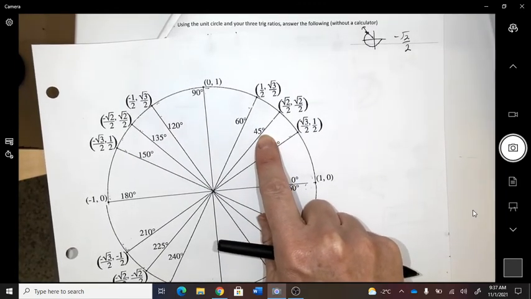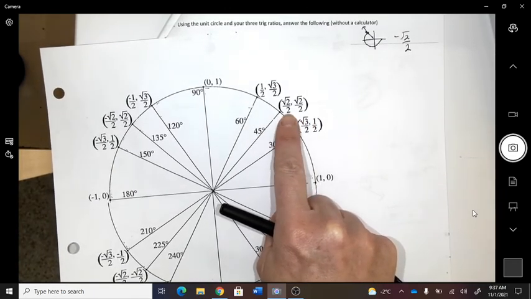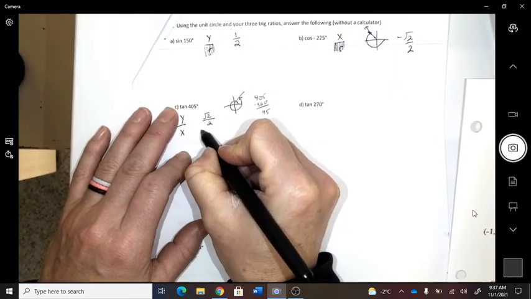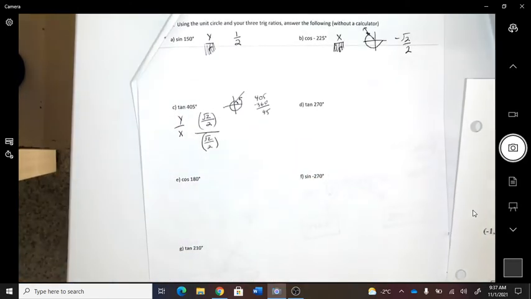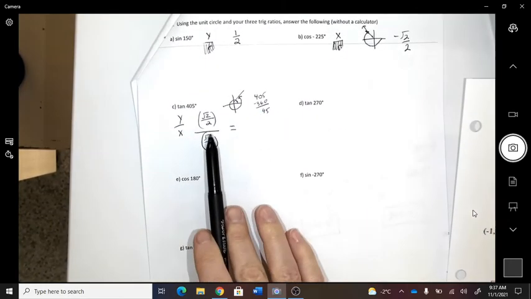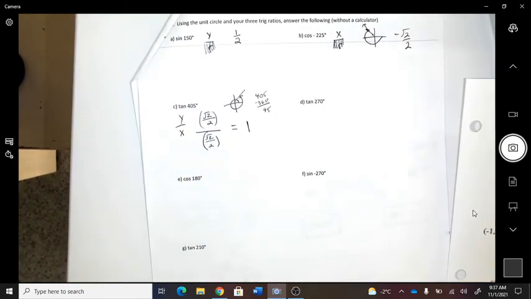So I'm going to take the y number divided by the x number. So root 2 over 2 divided by root 2 over 2. Does anybody know what's the answer with just looking at that right now? It's 1, because it's the same number divided by its same number.